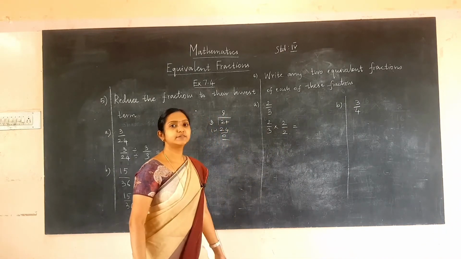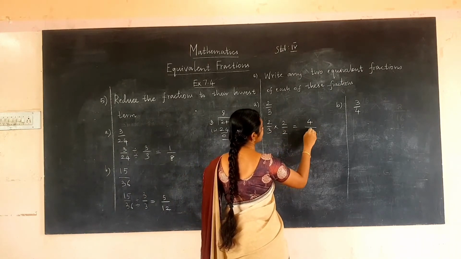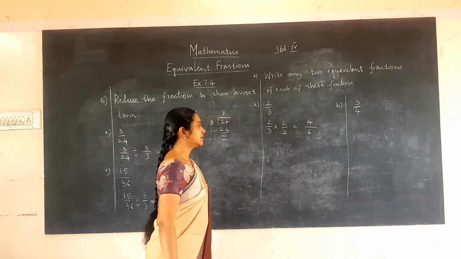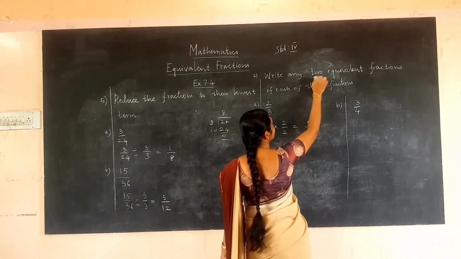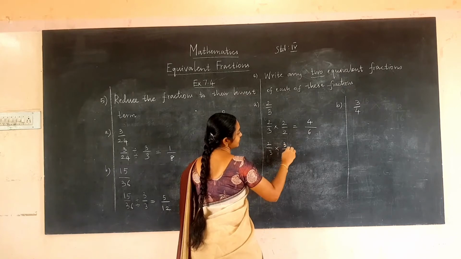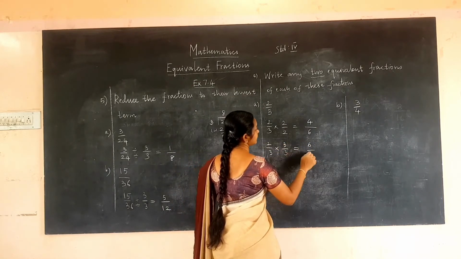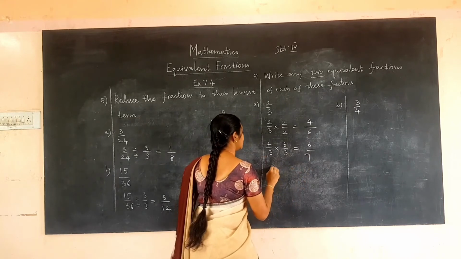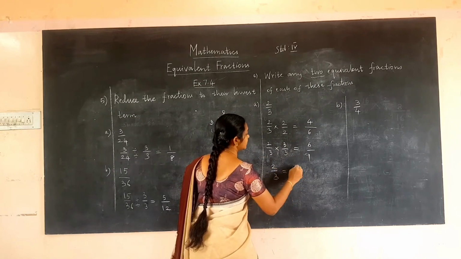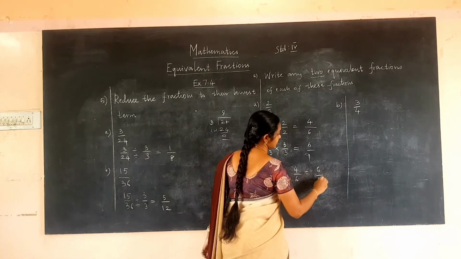I am multiplying it with 2. 2 into 2 is 4. 3 into 2 is 6. We have to find two equivalent fractions. So again multiply 2 by 3 into 3 by 3. 2 into 3 is 6. 3 into 3 is 9. So 2 by 3 is equal to 4 by 6. That is equal to 6 by 9.